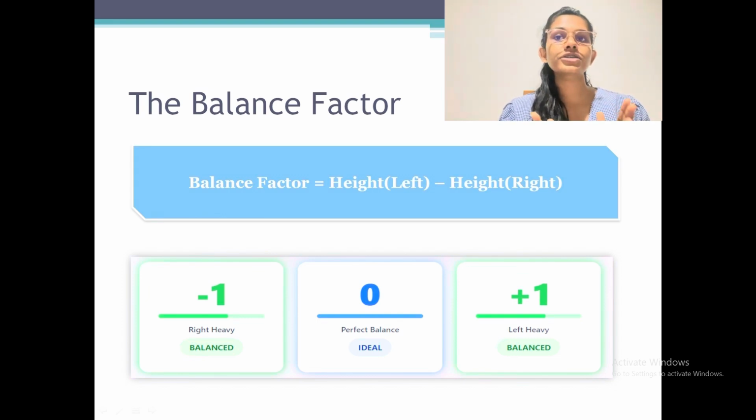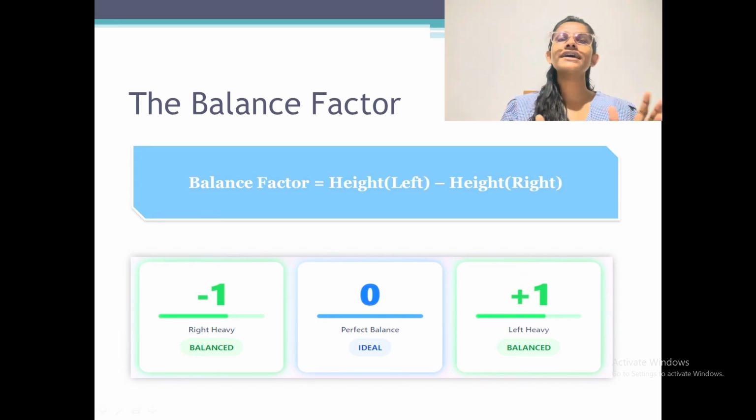A balance factor of -1 means the right subtree is one level taller than the left. Also acceptable. If a node ever has a balance factor of 2 or -2, that's when we have an imbalance. And that's when we need to perform rotations to restore balance.